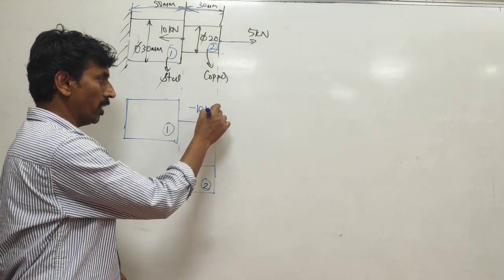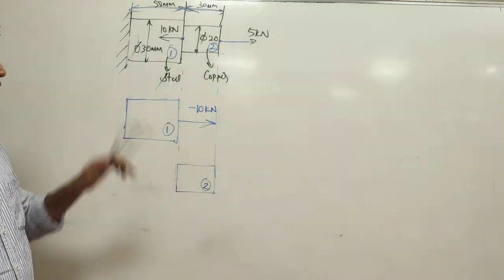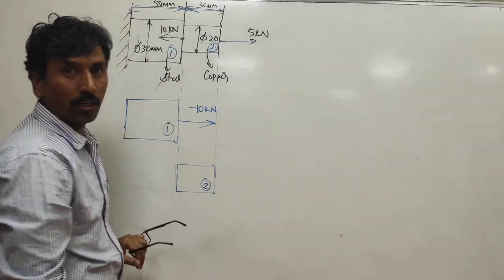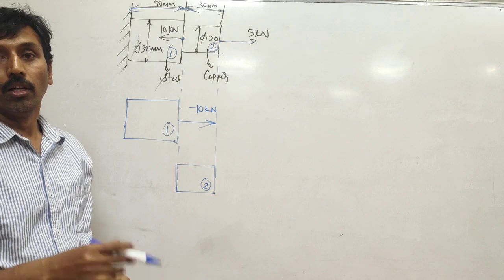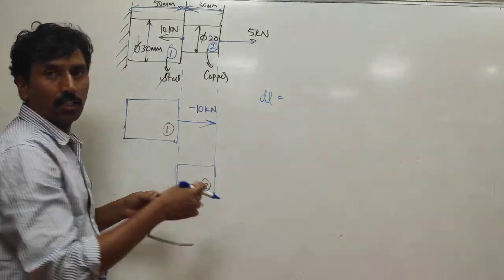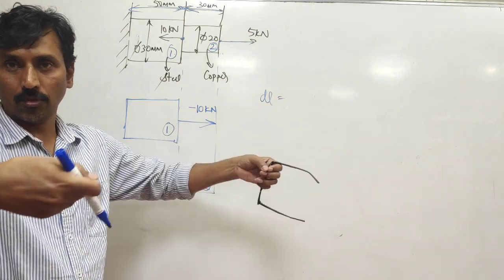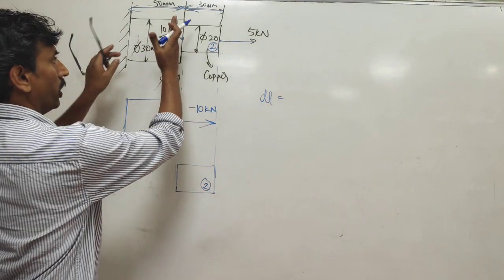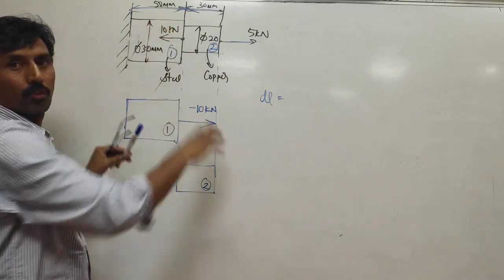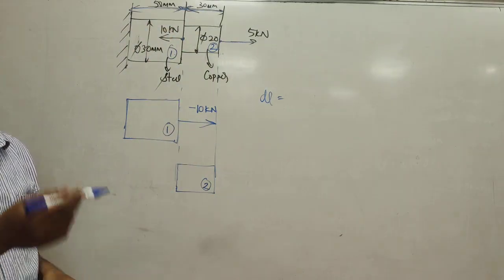So I should write it as minus. Suppose in part 1, if it is elongating, then it should be plus, because finally you are trying to find dl, where the length increases and expansion is there. Now this is trying to compress, so it should be minus.